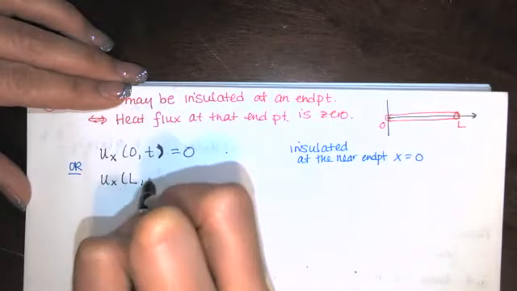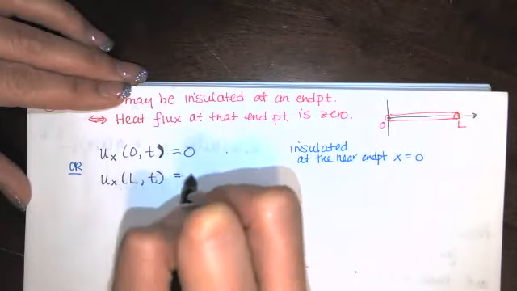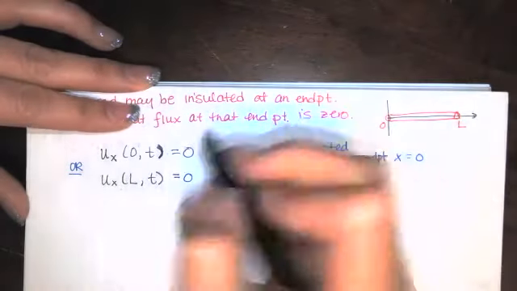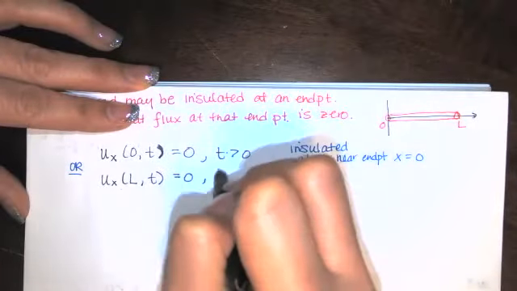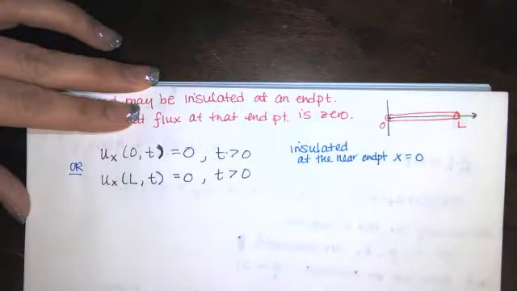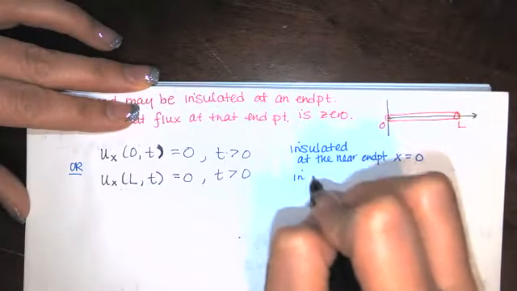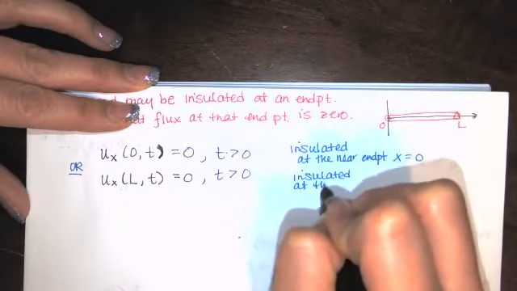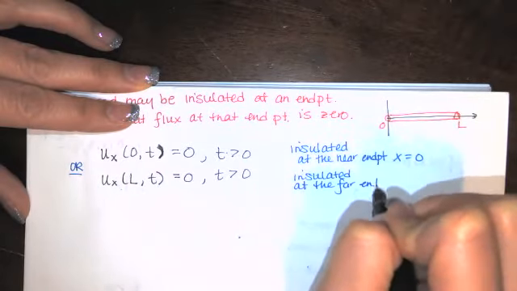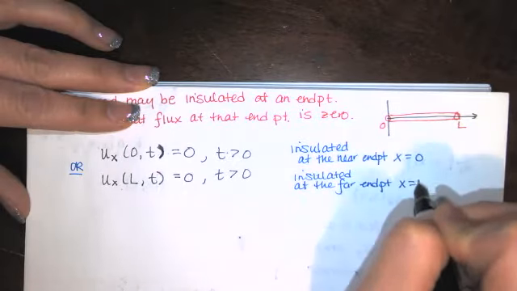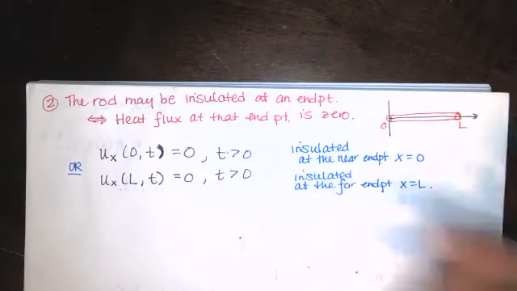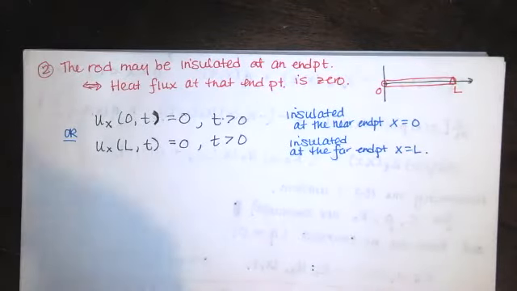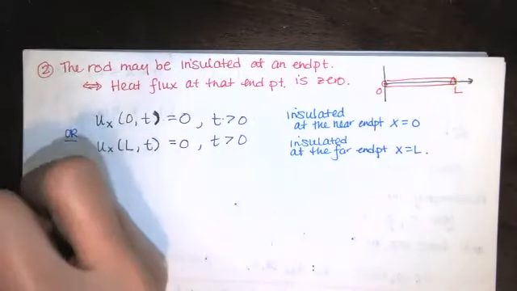So at x equals L, for all time, there's no heat flux. Okay, so that's possible.